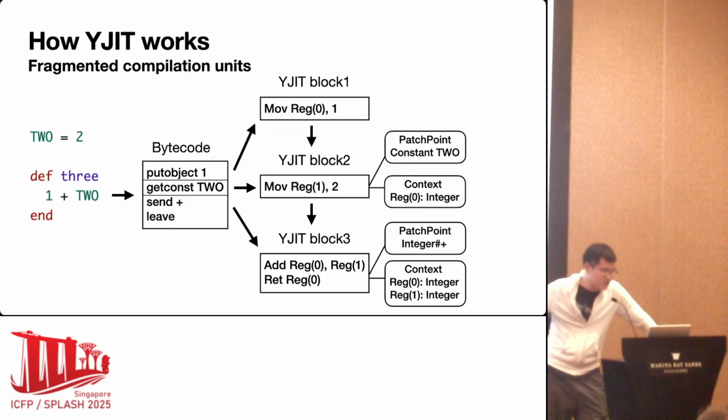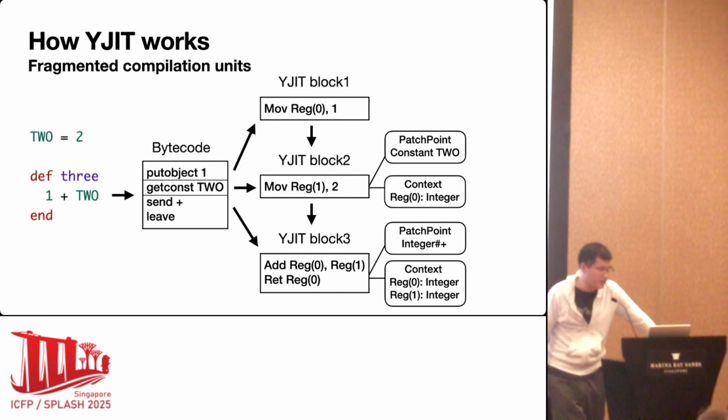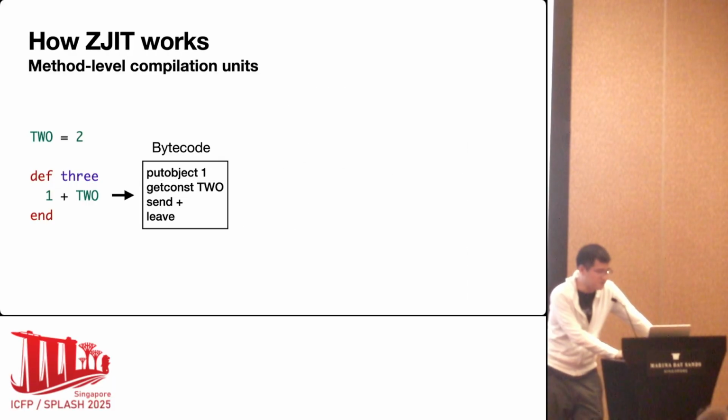As you can see in the context, it only saves the integer type and not the value itself. We could have saved that in the context, but because we wanted to minimize memory, we didn't prioritize optimizing that. So that's what's happening today with YJIT.